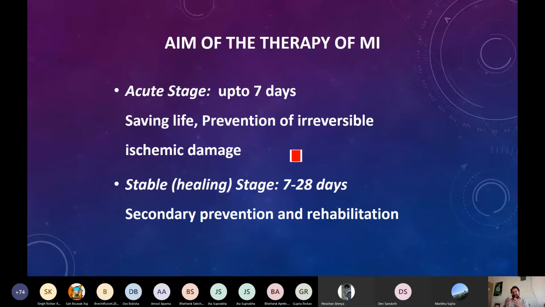And then rehabilitation. Why rehabilitation? Like narcotic addictions and other things, here the patient's heart is changed forever. The portion of the heart which was infarcted is now not working, so he has to live with that portion of the heart not working for the rest of his life.